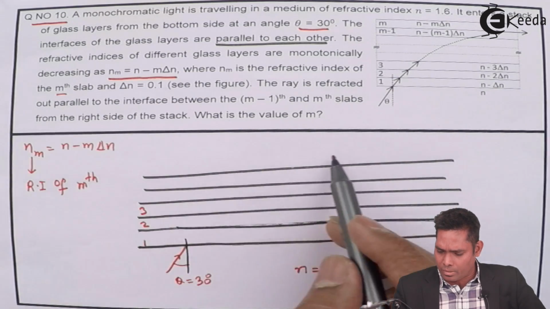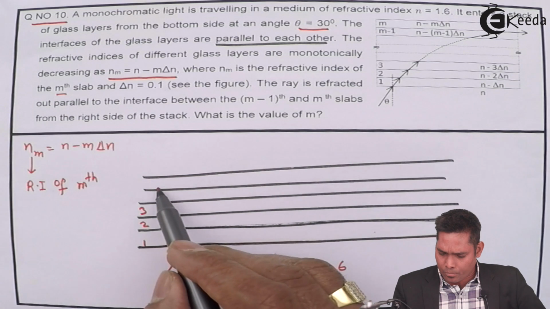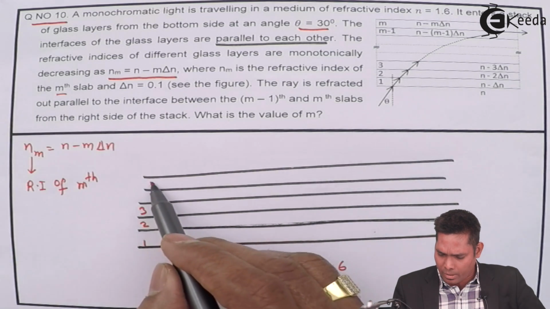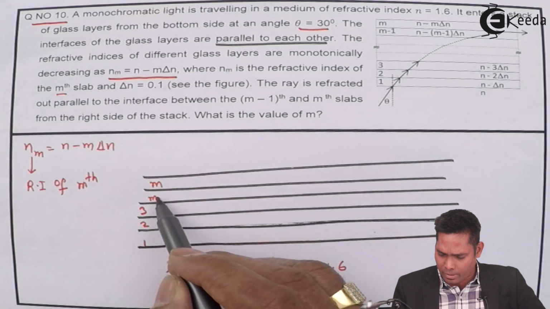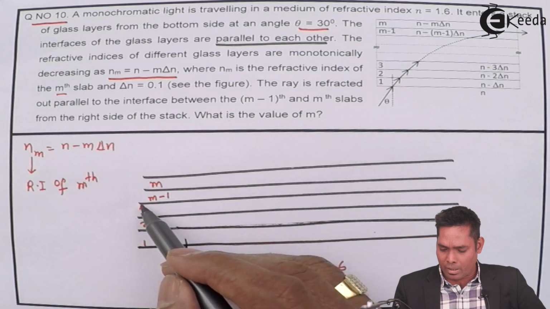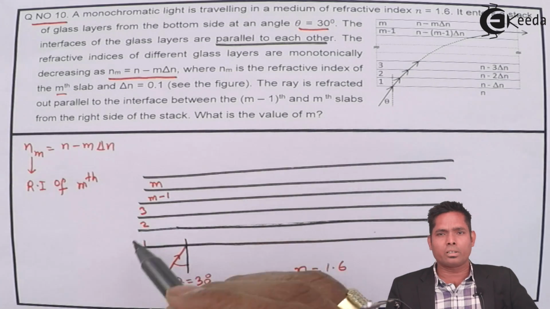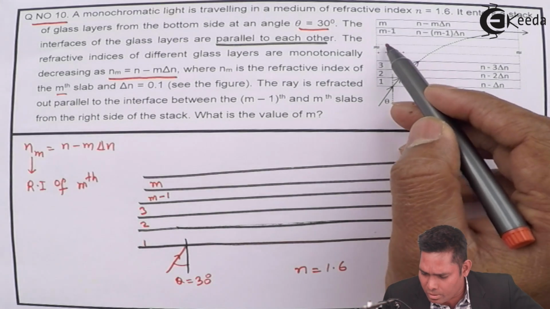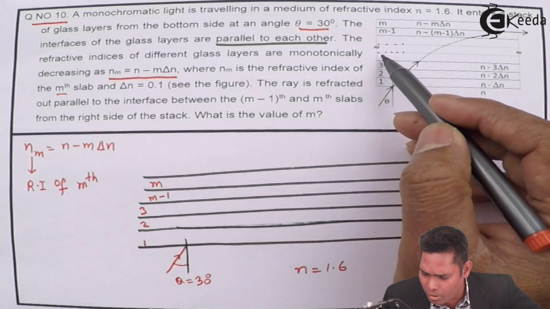Suppose this is the m layer and this is m minus 1. Before that m there will be m minus 1, and some layers I don't take into consideration, which can be shown with dotted lines. So there may be any number 1, 2, 3 up to m.